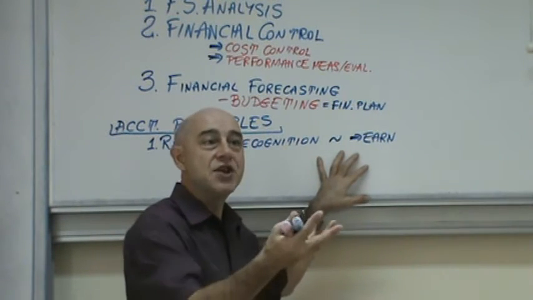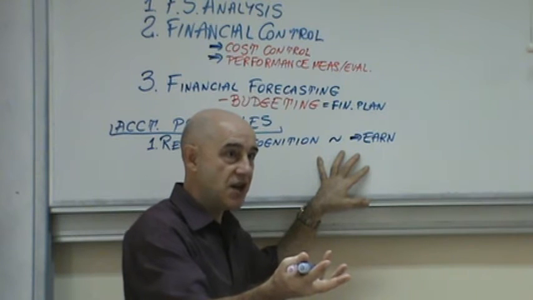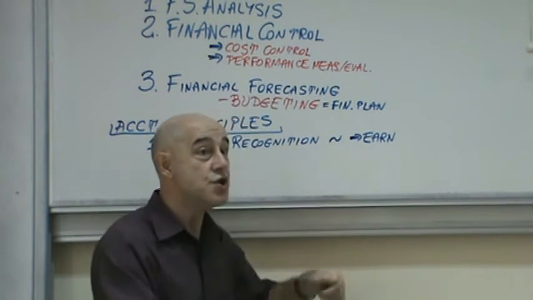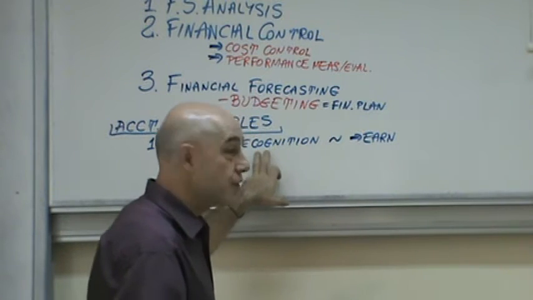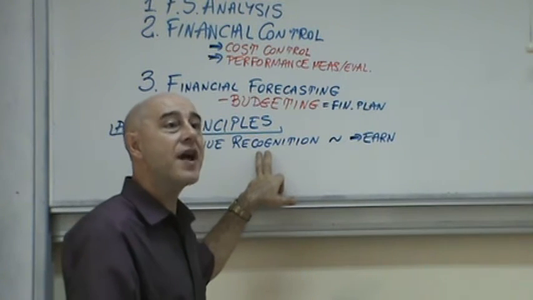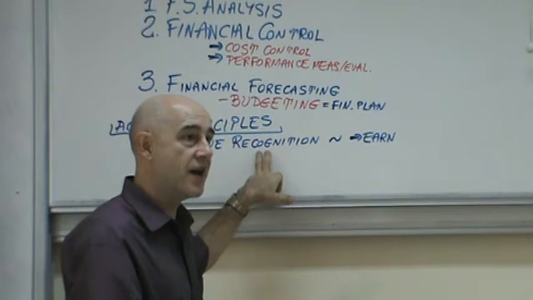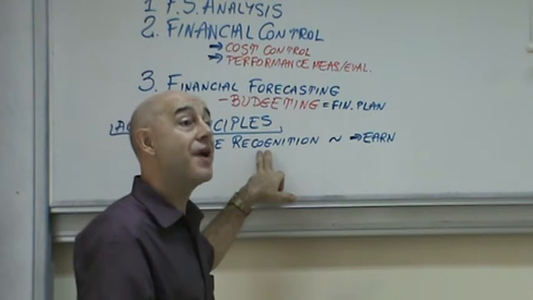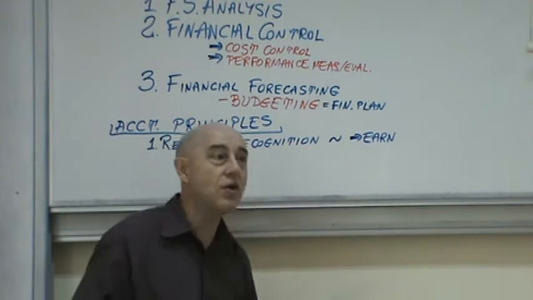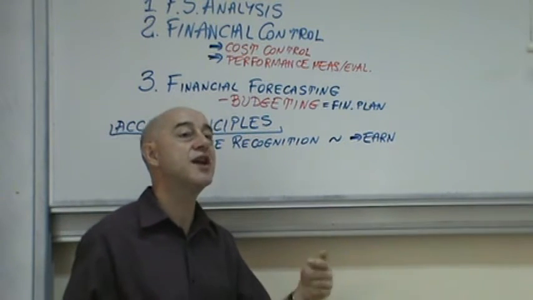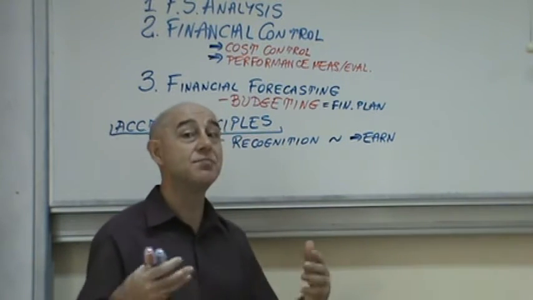So, if it's education, let's say for you guys, you already paid your tuition. Your tuition is not a revenue, okay? It's a prepaid expense, okay? It becomes revenue only after the education service is complete.